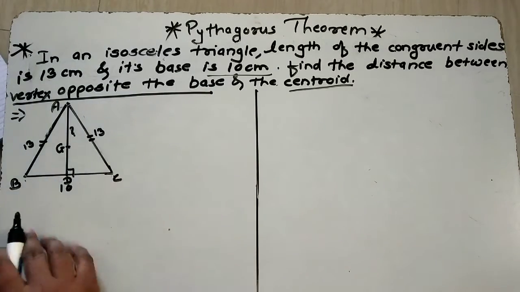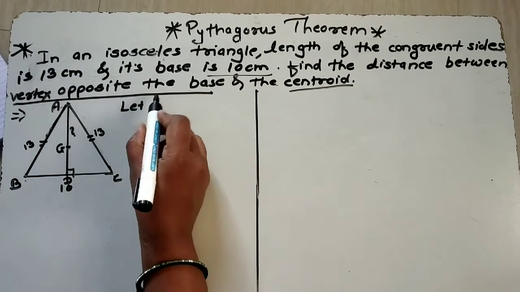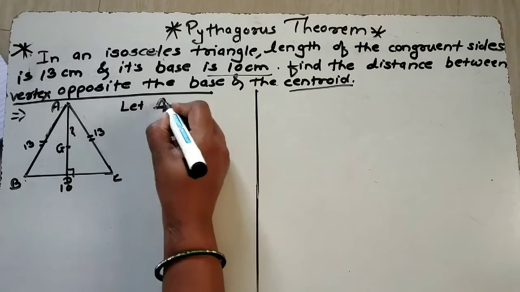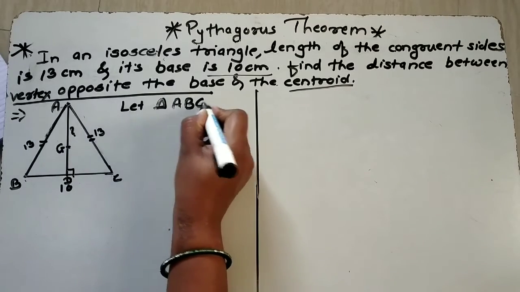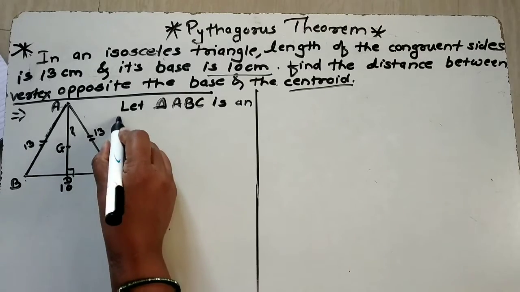Here the figure is not provided, we drew it, so we will write its information. Let triangle ABC be an isosceles triangle.